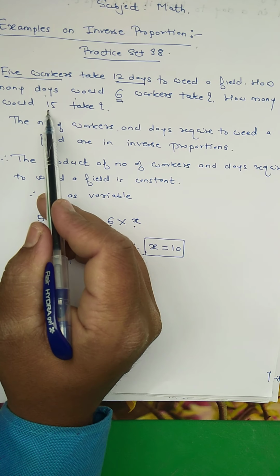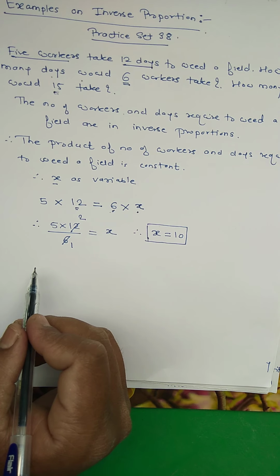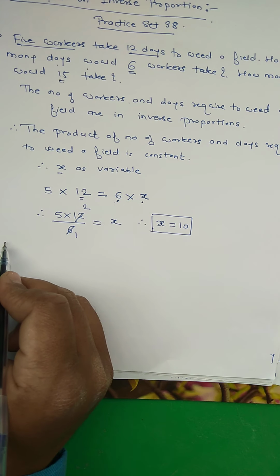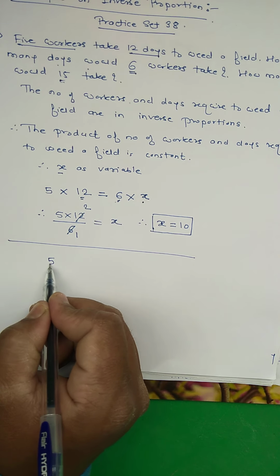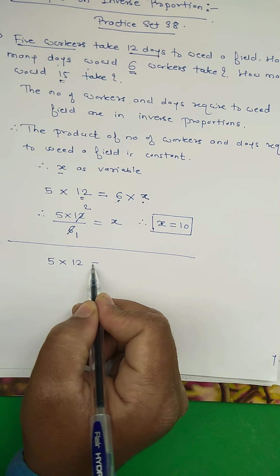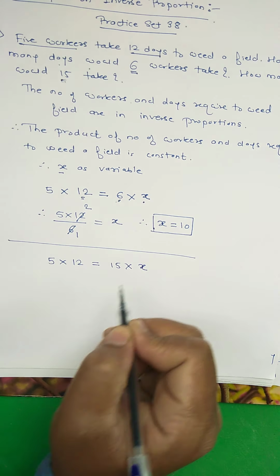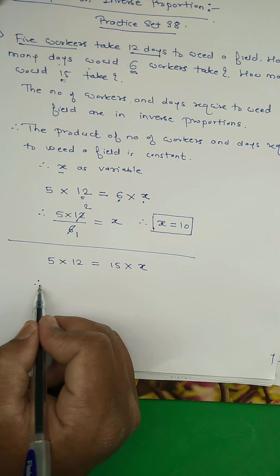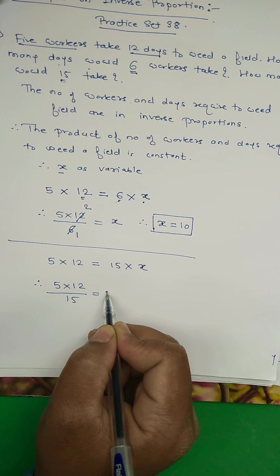Now second, it is asked to find the days if 15 workers are there. Okay, so again we are considering the same case, that is, the product is constant. In the first case 5 into 12, and in the second case we are considering the workers become 15 and the days required become x. So again 5 into 12 divided by 15 is equal to x.